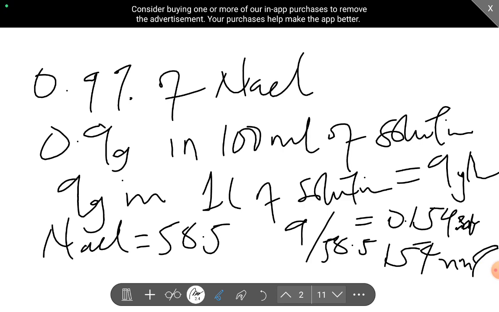So let's open another page and see how further we can go with our calculation.